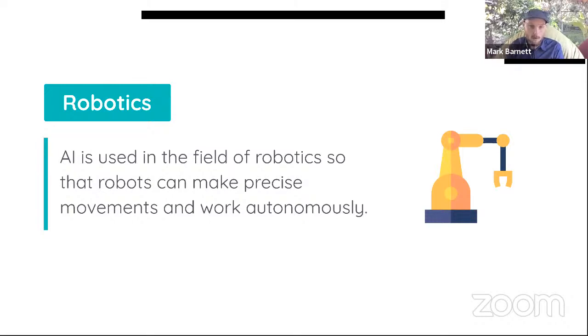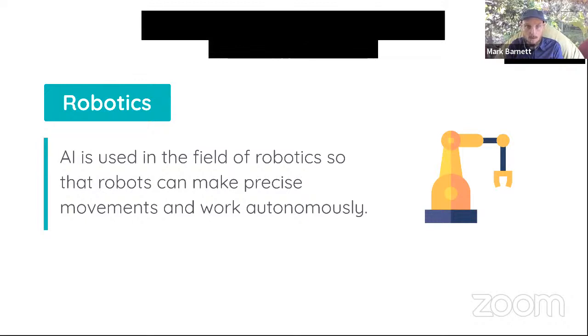In the field of robotics, there are also sensors that can monitor the flow of packages, and scan the barcode, this kind of thing. So artificial intelligence is used to identify these things and then tell the robots what to do.